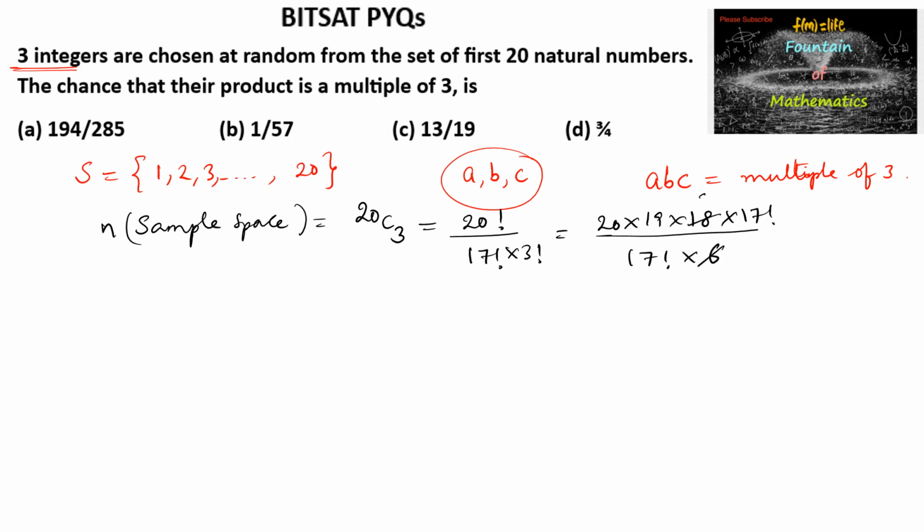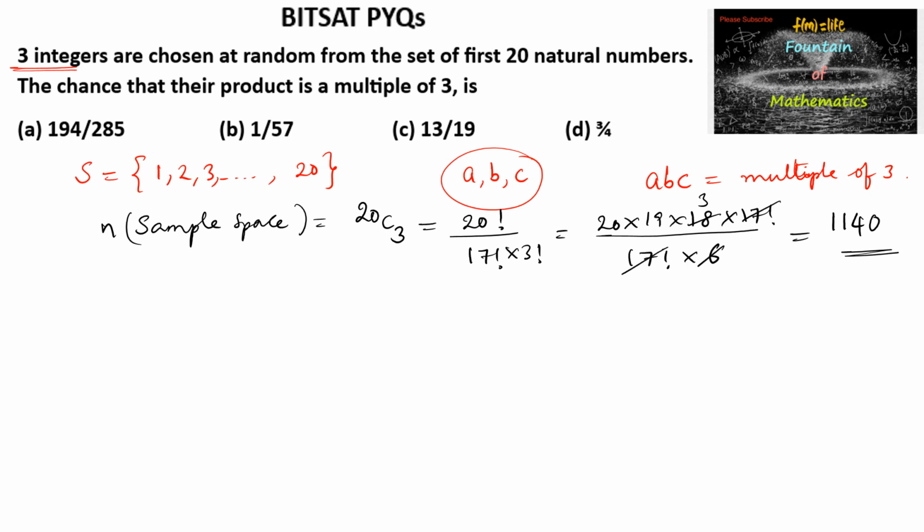So 6 threes are 18 and 17! gets cancelled. So 20 into 19 threes are 57, 57 into 20, so we can write 1140. So this is the total possibilities.